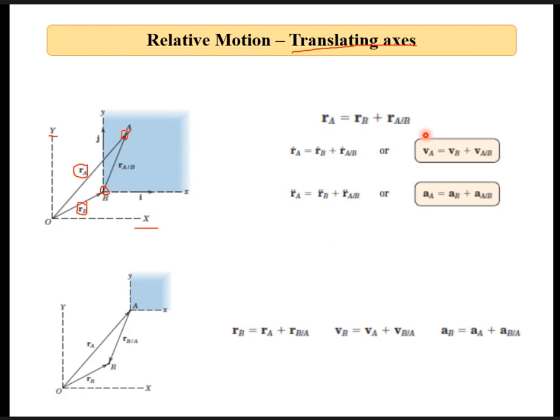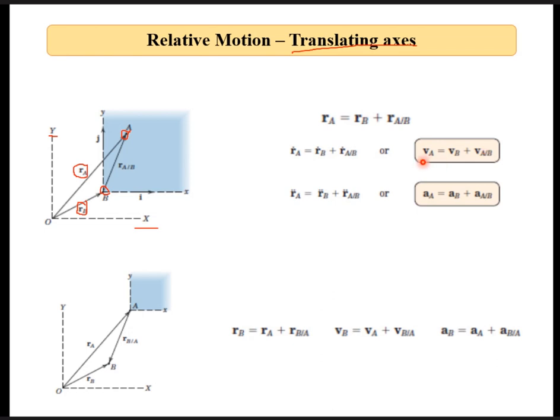If we take the differentiation with respect to time, then what do we get? R dot A will be equal to R dot B plus R dot AB, the position of this with respect to this.